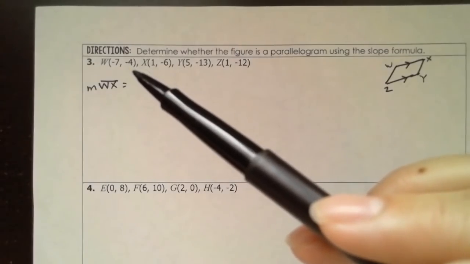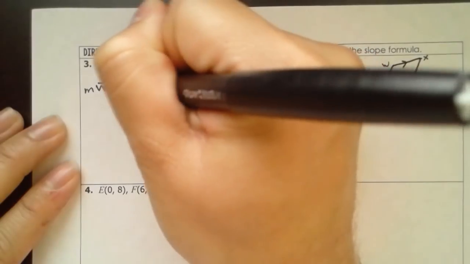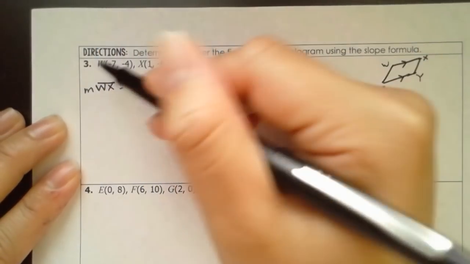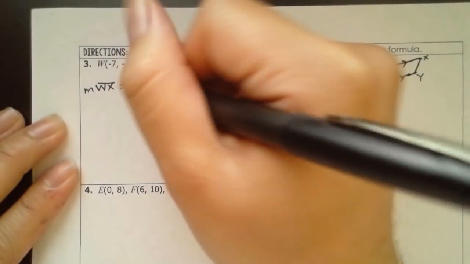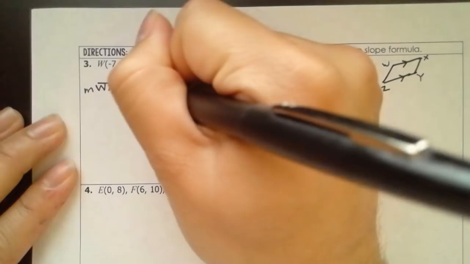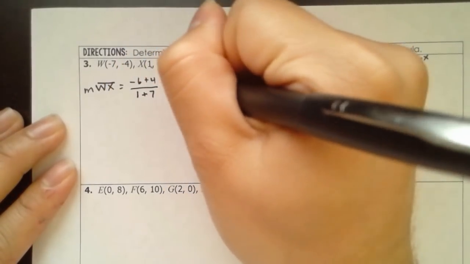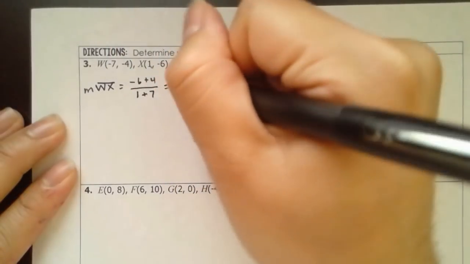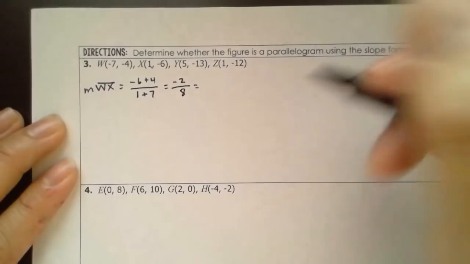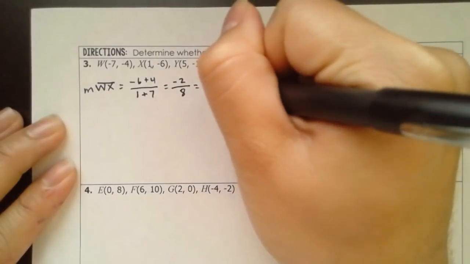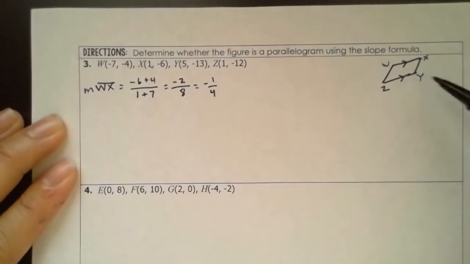Minus negative becomes positive, so I have negative 6 plus 4 over the x's, 1 minus 7, and again 1 minus negative becomes positive, so 1 plus 7. I get negative 6 plus 4, that's negative 2, over 1 plus 7 is 8. And I can simplify negative 2 over 8 into negative 1 over 4.